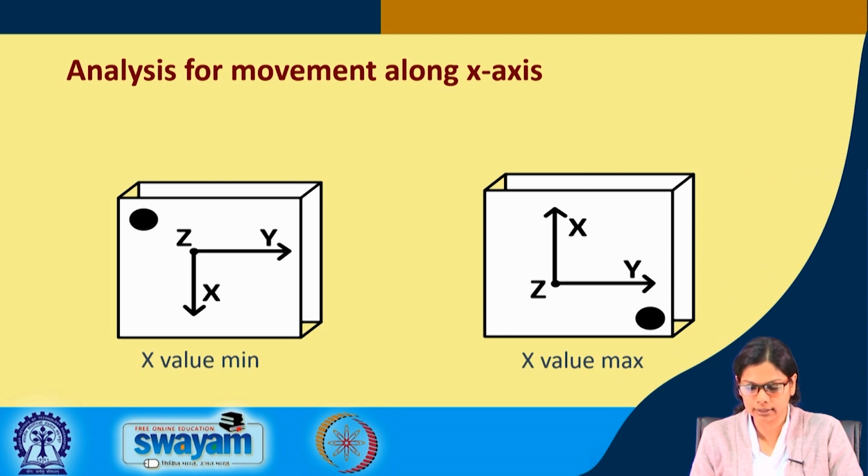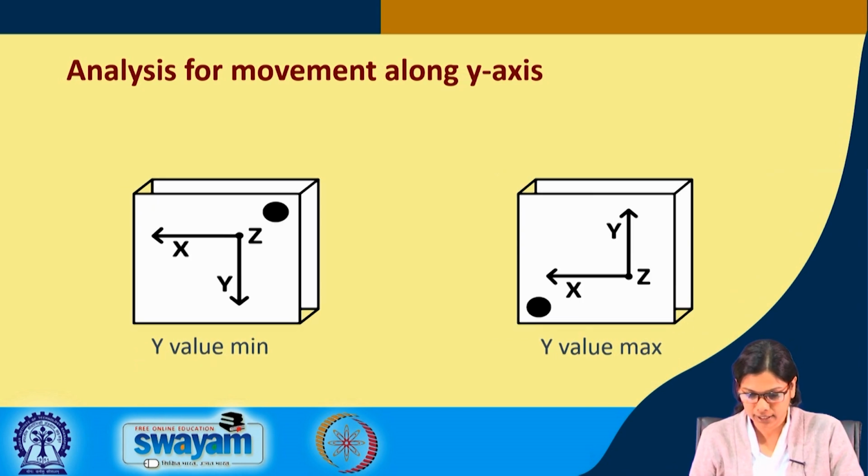When you hold the accelerometer along this x, you will see the highest value for x. Similarly, if you hold it like this, the value of x should be minimum. For y, if you hold it this way, the y value will be maximum, and if you hold it this way, the y value will be minimum.